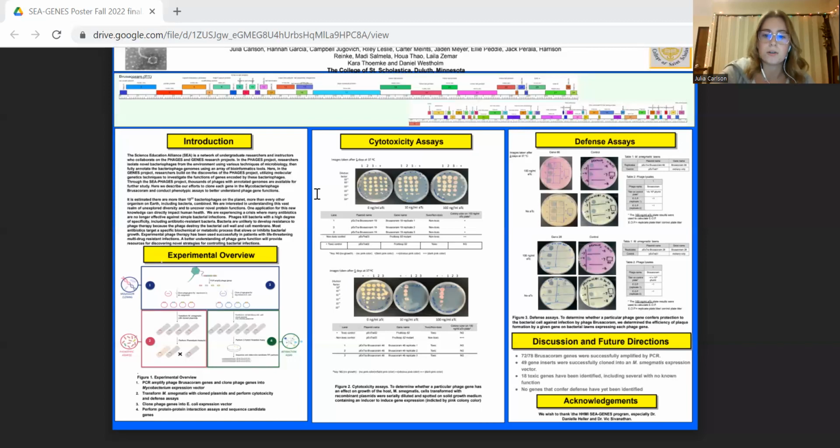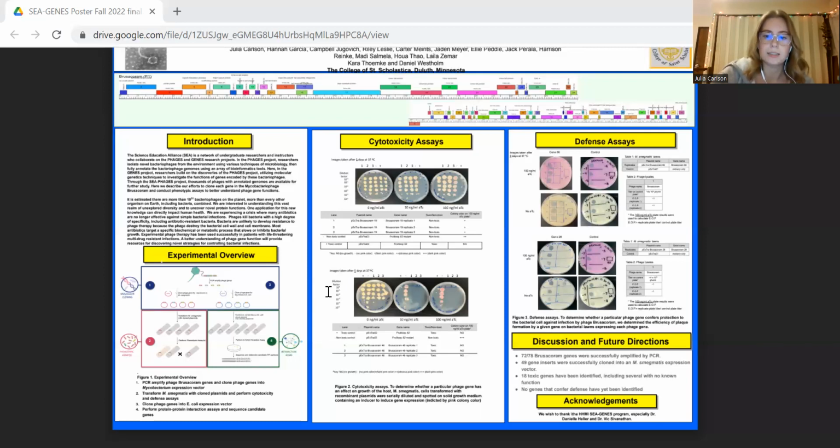Moving down to this other image, using the same antibiotic and ATC containing plates, as well as method of serial dilutions, it can be seen that Brusacoram gene 46 has vastly different results after 5 days of growth at 37 degrees Celsius.